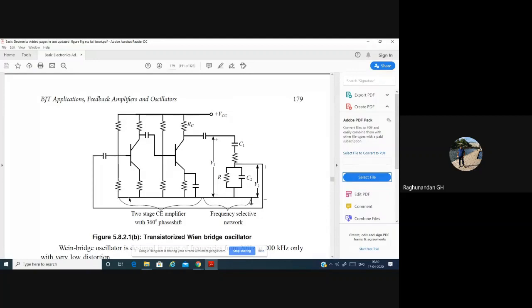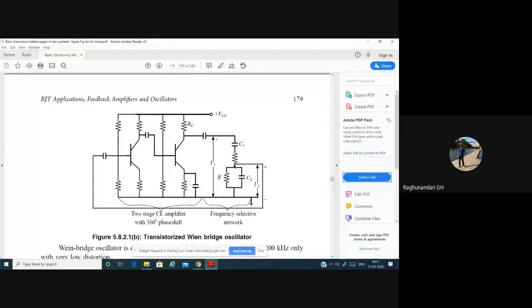We know that output voltage is always taken with respect to positive and the other one with respect to ground. So this is V1, the voltage which we are going to feed to this frequency selective network. By properly choosing R and C values, the signal we get here will be tuned to the desired frequency by adjusting these values.